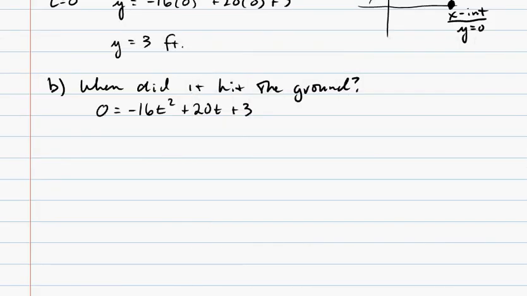Well, we could try factoring. And if you remember, to factor this, we would do a times c, and you'd think about negative 48. What pairs go into that and would add up to 20? Well, we're going to have trouble with that. It actually turns out that no pairs will work. So we have to use the quadratic equation.